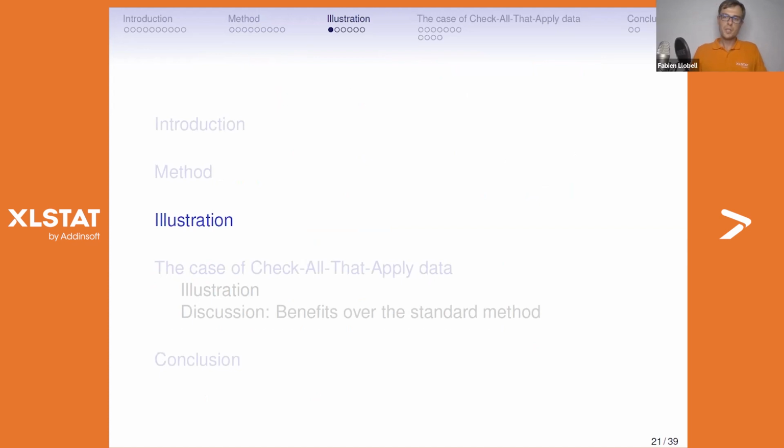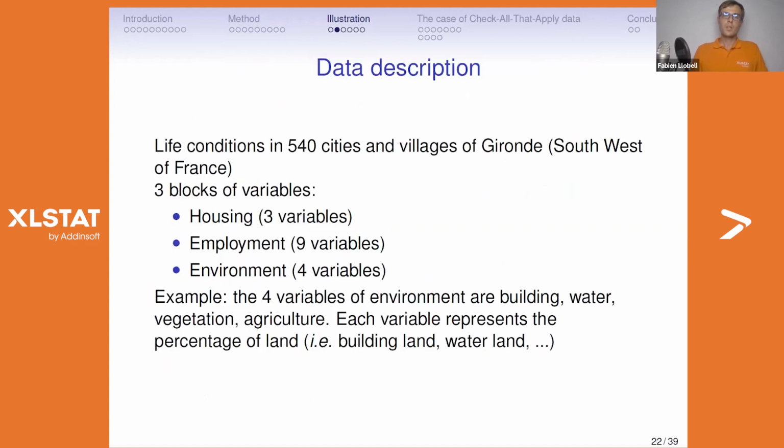As an illustration, we consider data which represents life conditions in 540 cities and villages of Gironde, which is in the southwest of France. We have 3 blocks of variables: housing, employment, and environment, with a different number of variables for the different blocks.